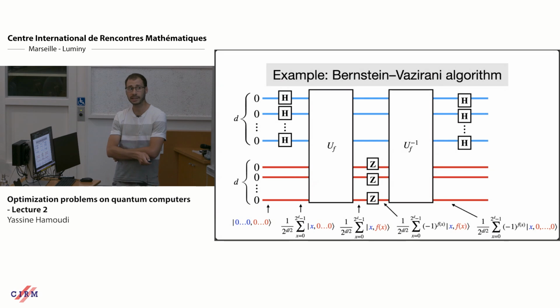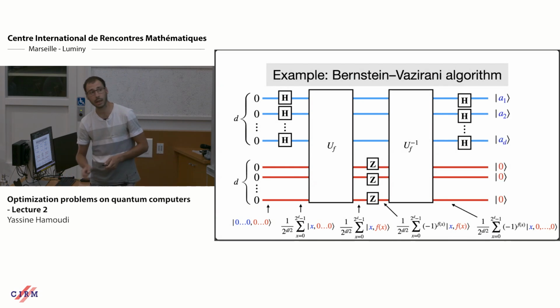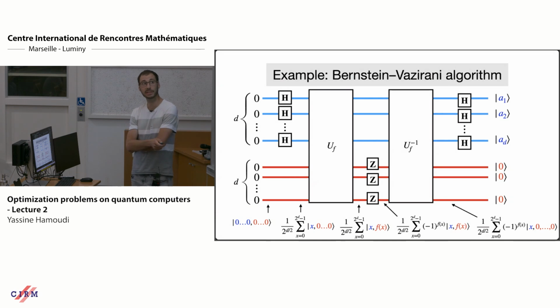Okay, so we arrive at that state. The last operation is again to apply the Hadamard transform on the top register. And if you do that, you'll see that the final state is just a basis state which contains the values of the bits a1 up to ad, and then a bunch of 0s in the last register.